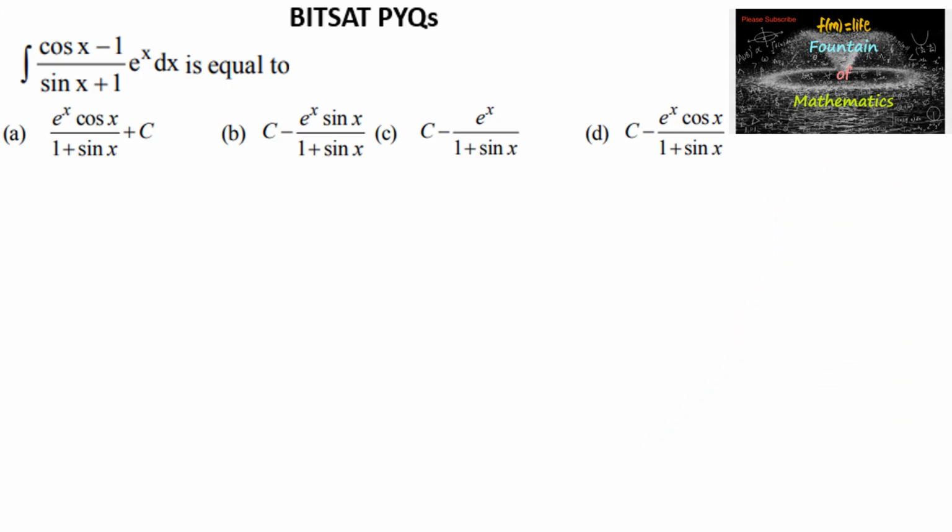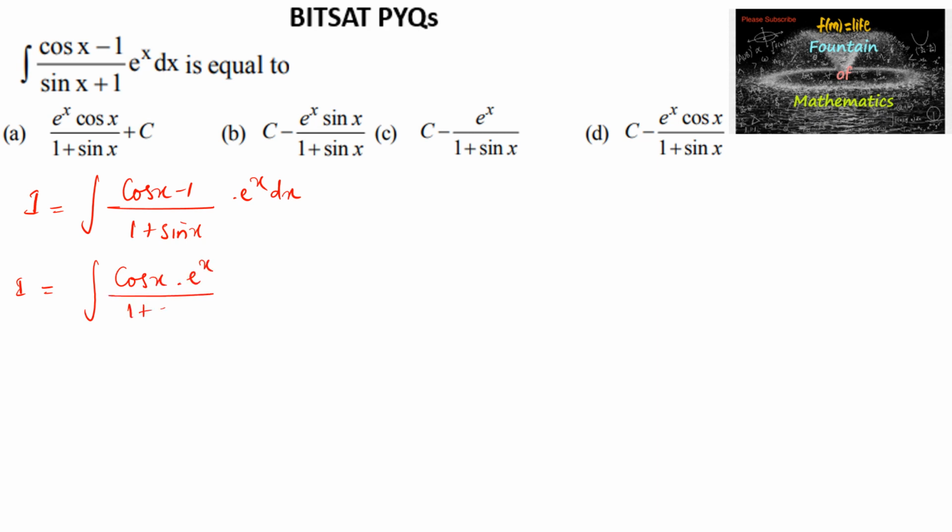Let us consider integral I is equal to (cos x minus 1) upon (1 plus sin x) into e power x dx. So we can write I is equal to cos x into e power x divided by 1 plus sin x dx, minus e power x upon 1 plus sin x dx.